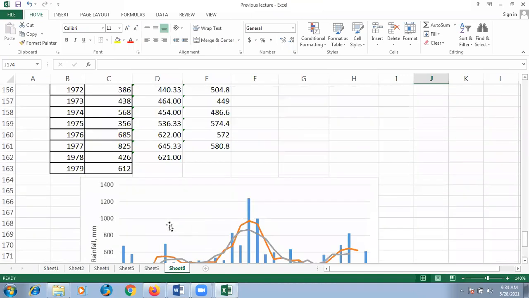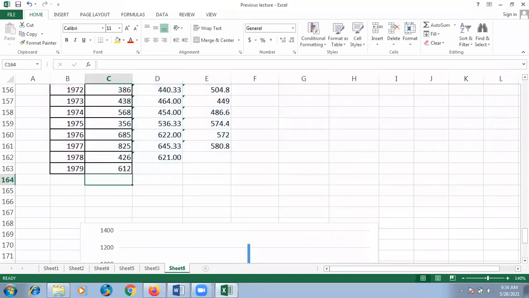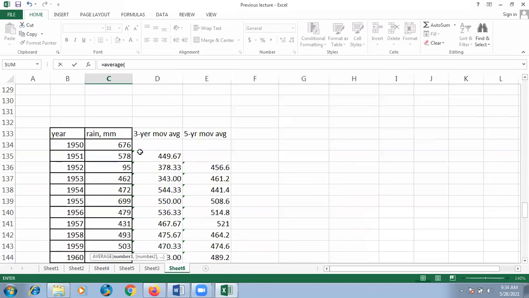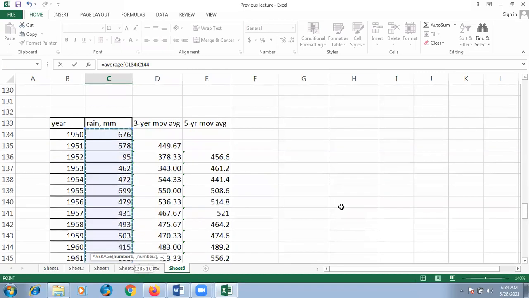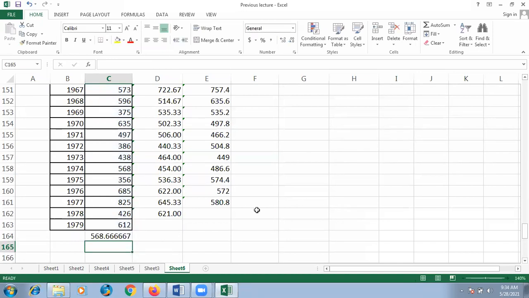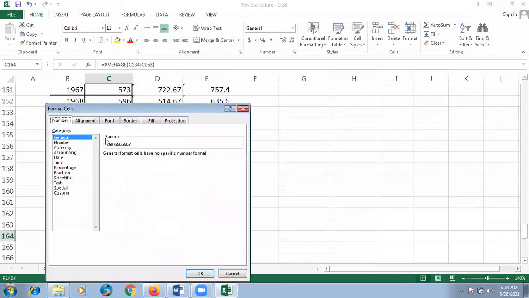The average value of the rainfall in Excel is very easy for me. I can easily calculate. So what I would do is that I will calculate the average value of the rainfall for all the years. So I will format this to 2 decimal locations.